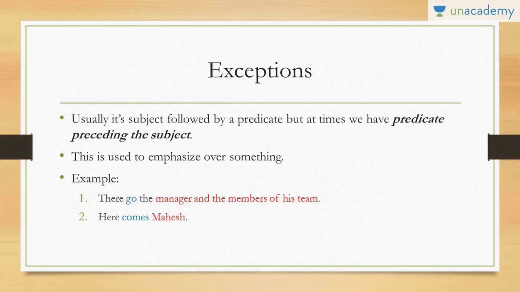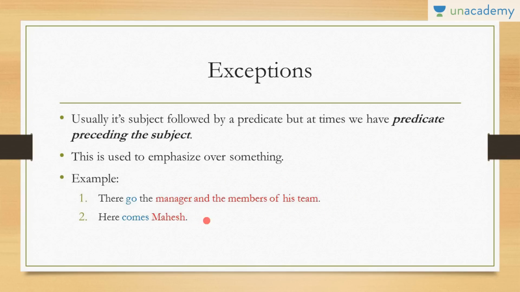This is done generally to emphasize a certain point. So, Mahesh is coming. Mahesh will always be my subject. Come, in whichever verb form or tense form, would always be my predicate. But even if it's like "here comes Mahesh", it is not wrong.